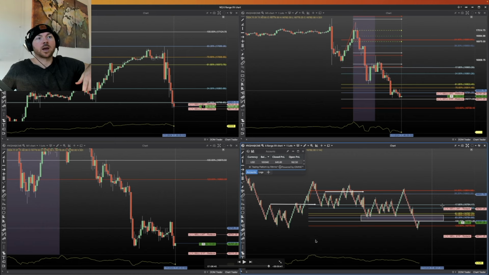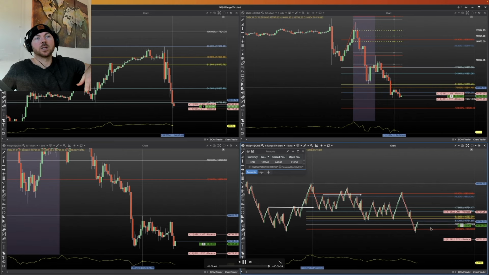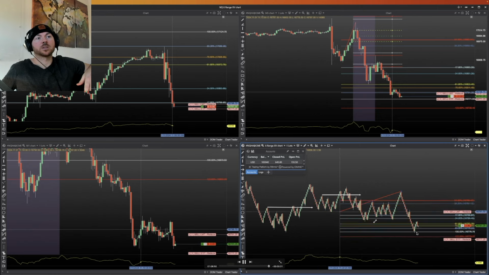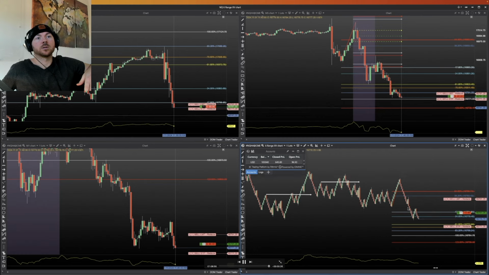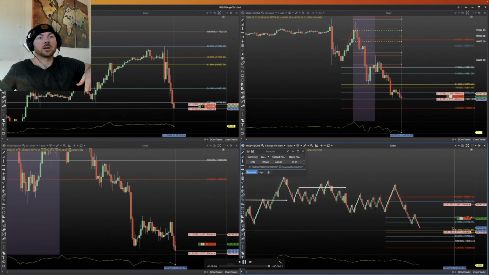Overall, if we're in that kind of situation and a low is getting taken, and we're coming up to a good level for me, then I don't mind being a little more aggressive. But in hindsight, it didn't actually tap yet here. So this was a little bit too aggressive of an entry, and it's something I definitely note in my own journal when I make a little mistake like that.